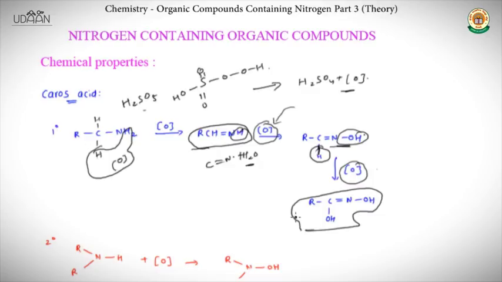Now if you carefully observe, first you have two hydrogens on each carbon and nitrogen, then you have only one hydrogen on carbon and nitrogen, and then you have one hydrogen on carbon and 0 hydrogens on nitrogen, and then you have 0 on carbon and 0 on nitrogen.